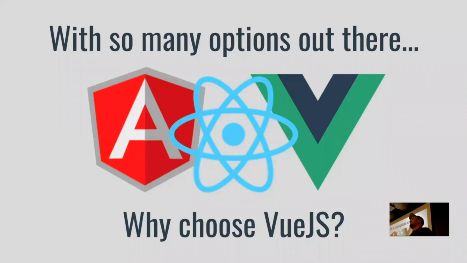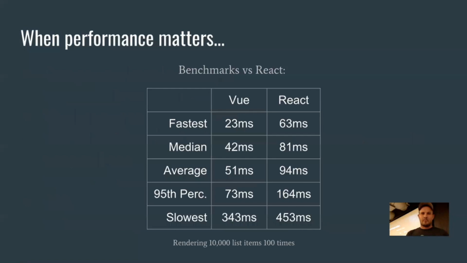As with every JavaScript framework or library that comes out, you have to ask yourself, why should I use this? There are so many out there. This is from the vue.js.org website.